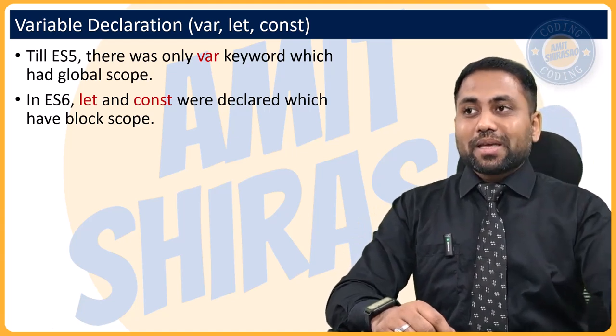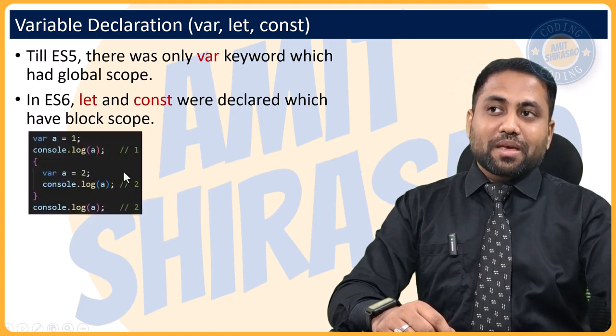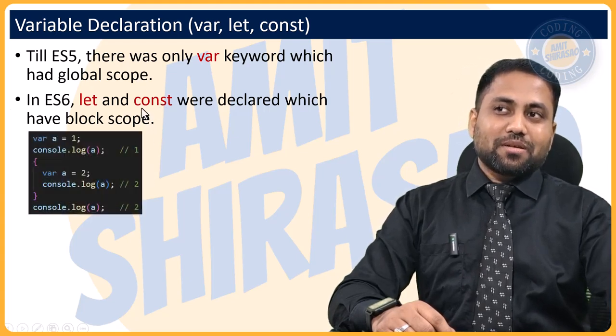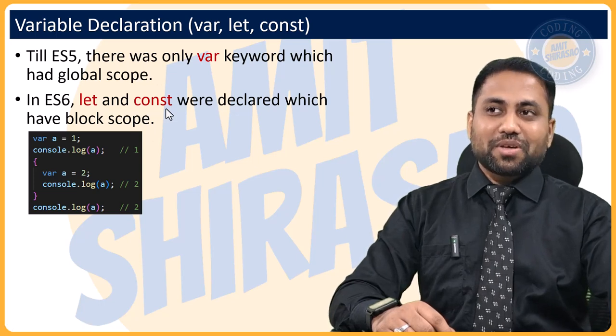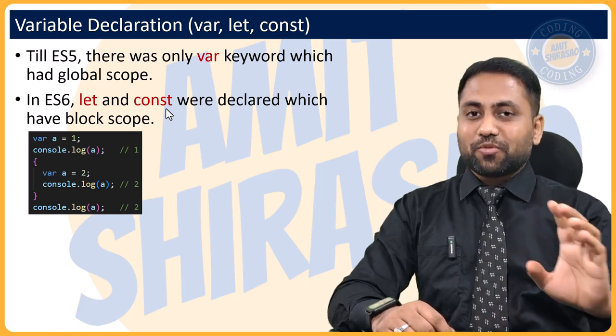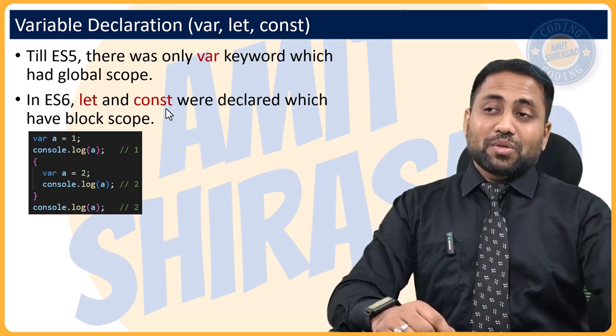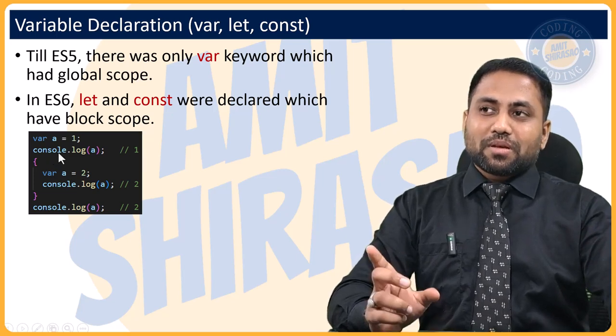Both of them have block scope. And as the name suggests, if you use const, then you cannot change its value later, and it has to be initialized at the time of declaration.